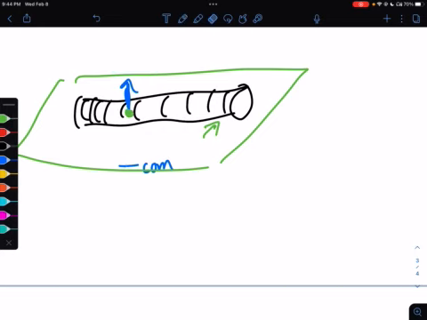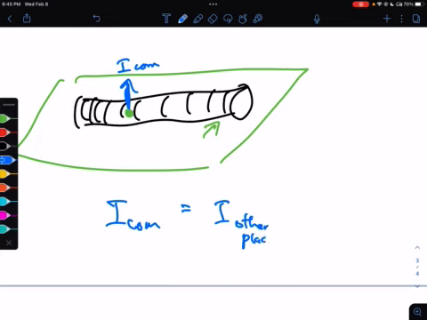So the center of mass is the place where it will rotate around, and that's kind of hard to explain, but that's what would happen. And because of that, being at the center of mass, we call it ICOM. So that ICOM is related to I at other places.